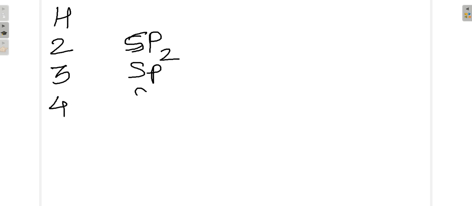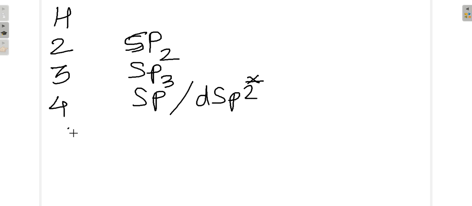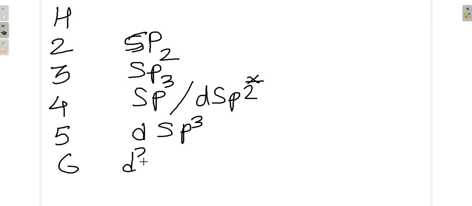If 4, it will be mostly sp3. It can be in some cases, very rare cases, tsp2. If it is 5, it is tsp3 or sp3d. 6, 3 plus 1, 4 plus 2, 6. And 7.